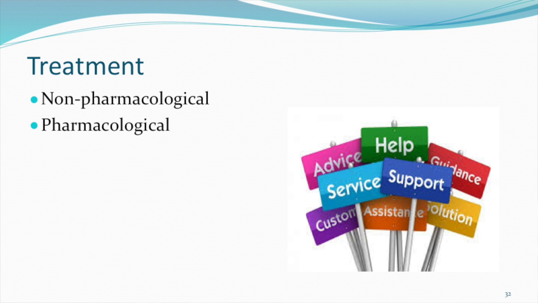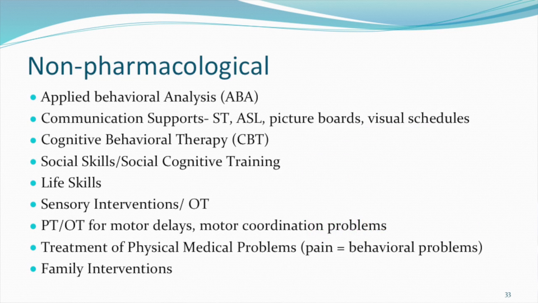Treatment for individuals can be both non-pharmacological as well as pharmacological, meaning it can involve medicines or no medicines. So, non-pharmacological interventions include ABA, or Applied Behavior Analysis, which is sort of the gold standard treatment for autism. Additional help can include communication supports, such as speech therapy, ASL, or American Sign Language, picture boards, or even visual schedules.